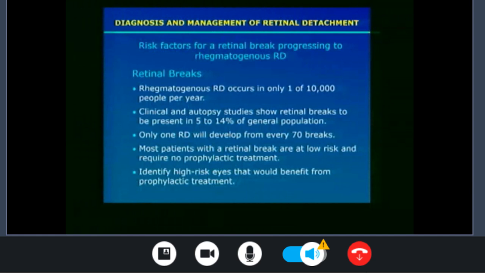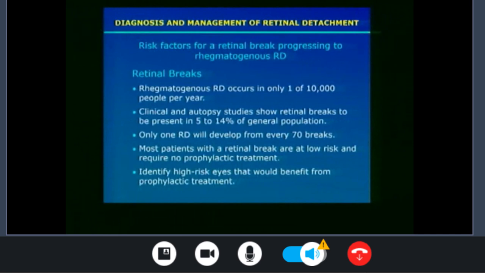Now, if we want to assess the risk of a retinal break to progress into detachment, this is very important. We know that retinal detachment occurs in 1 in 10,000 of the population per year.